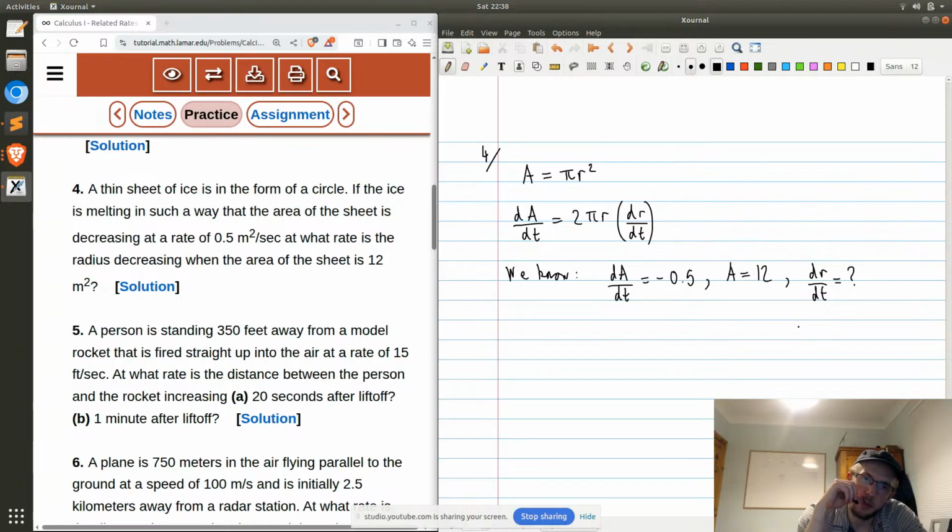Am I right or am I wrong? I think so. So if A is 12, then r is the square root of 12 over pi.